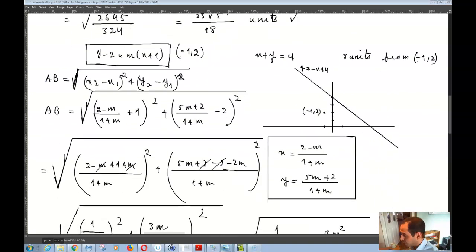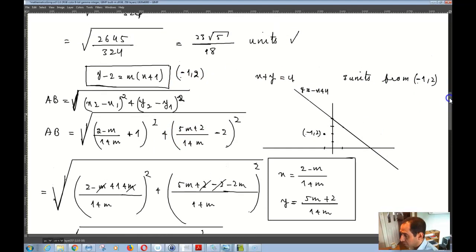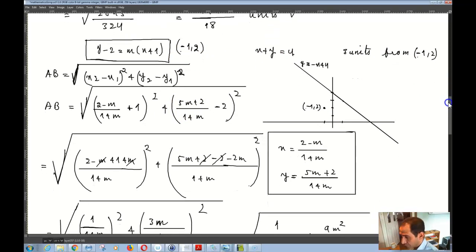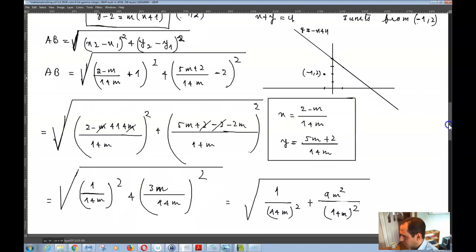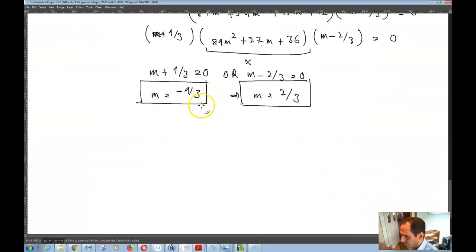I don't really remember what I was doing over here, and so I cannot make sense of what I did really. So what I did was that I got the equation of that line in terms of m, and now what that means is that the slope of this line is going to be -1/3 and 2/3.